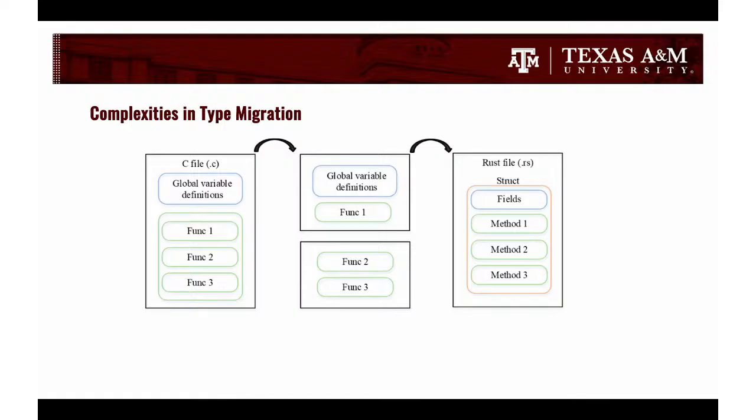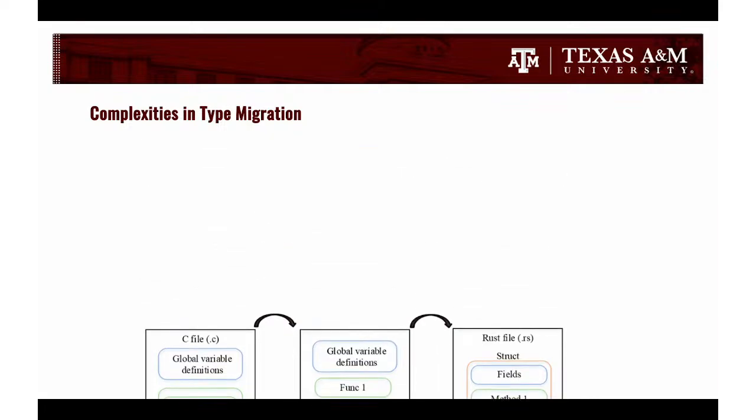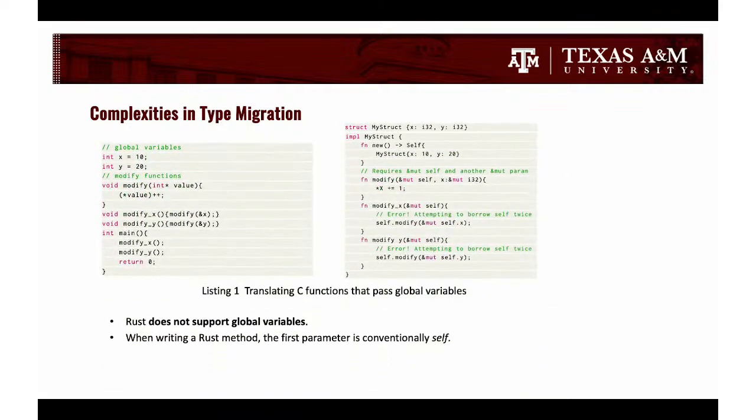Global variables and functions in C are translated into struct fields and methods in Rust. Consider the following C code snippet, where functions pass global variables among themselves. If translated directly by an LLM, these global variables become struct fields, and the corresponding function calls lead to multiple parts of self being borrowed simultaneously.